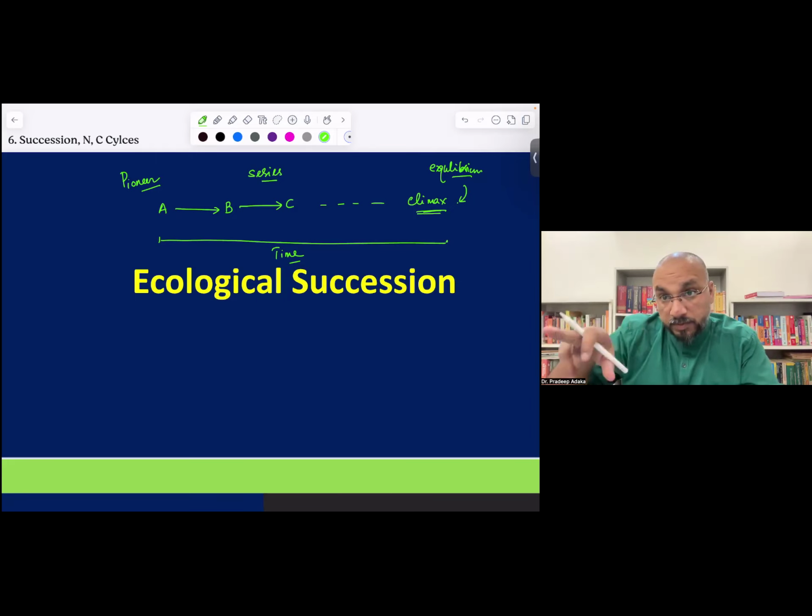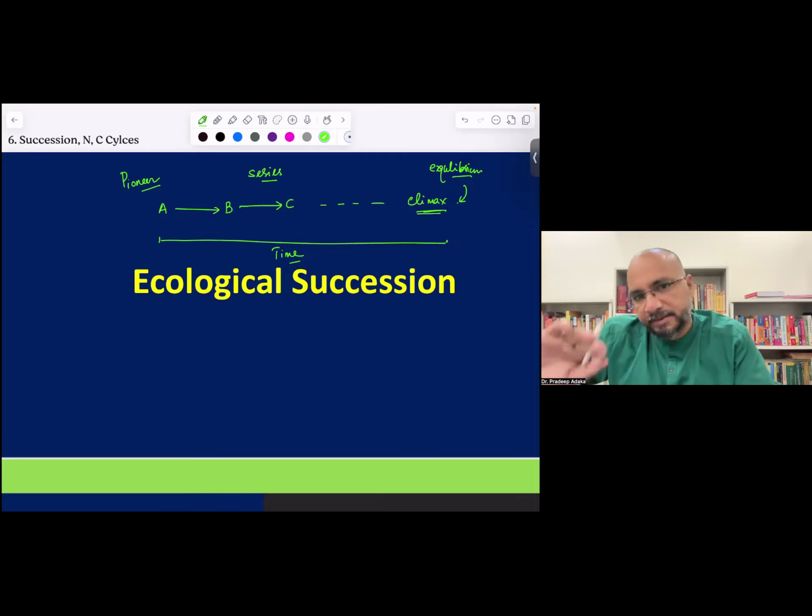So species composition changes as the ecosystem rebuilds, so the factors become unfavorable for the earlier species and another species will take over that area. So in this way it will happen in steps, and ultimately a species will occupy the area which is in equilibrium with the abiotic conditions. So that is called as climax species.